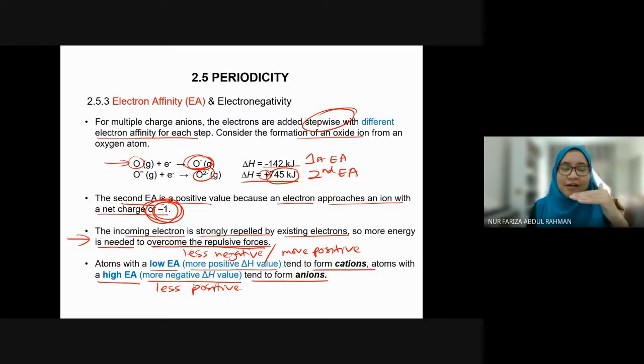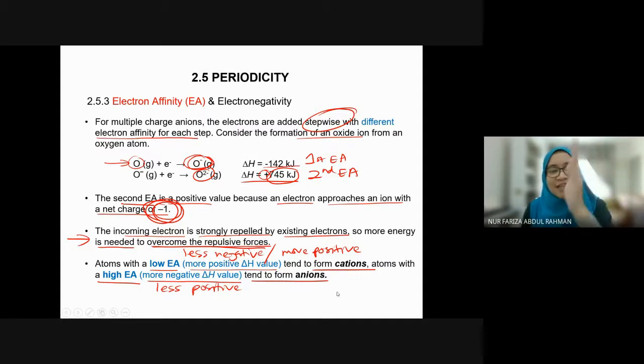Instead of accepting electrons into the atom, why not remove the valence electrons in order to become like a noble gas? That explains why group 1 and group 2 have low EA: they tend to form cations.